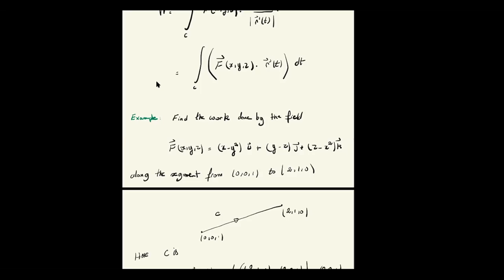If you do the calculation here, it will give you (2t, t, 1 minus t), and t is between 0 and 1.